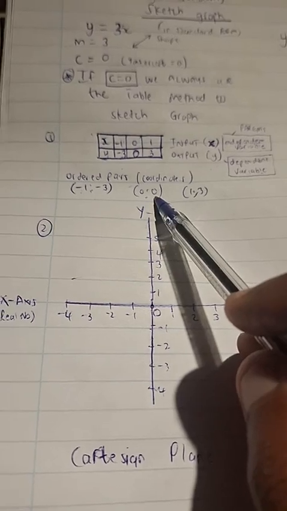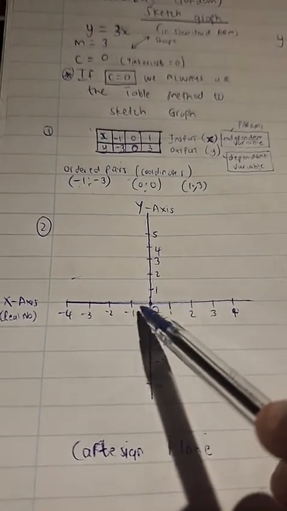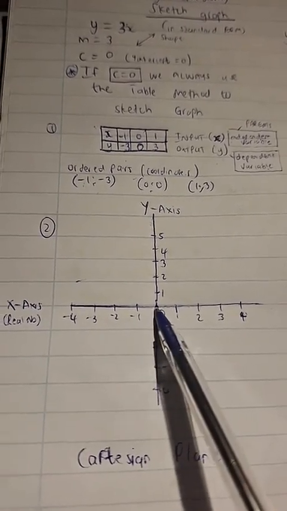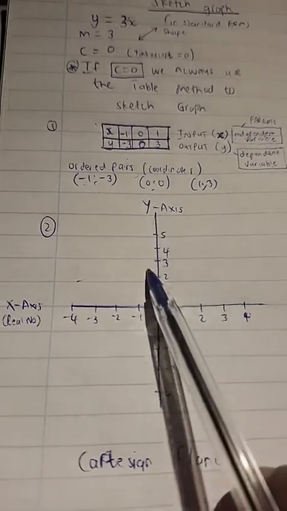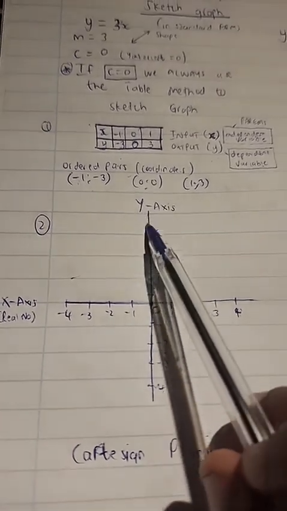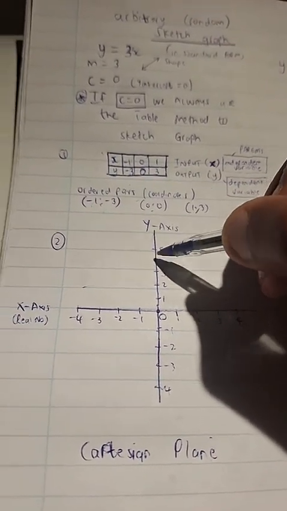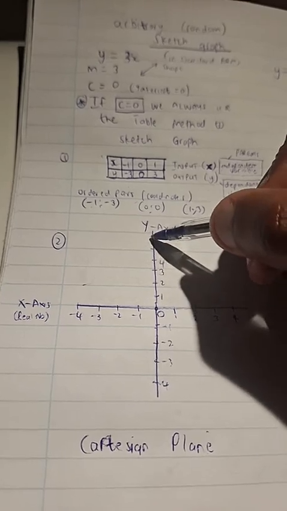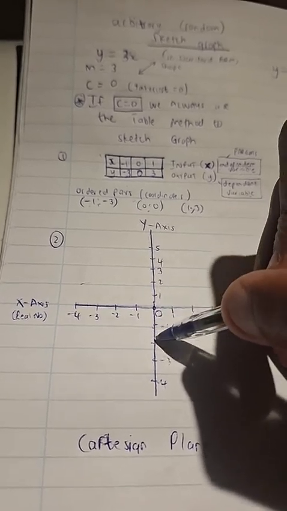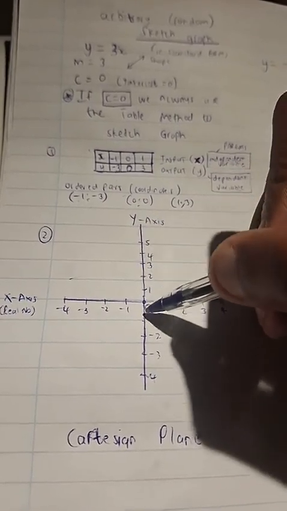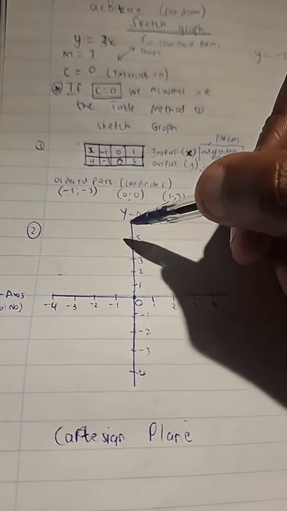Where x is 0, I want you to note, guys, that x is 0 everywhere on this vertical line. X is 0 here, x is 0 there, x is 0 there. It's everywhere on this vertical line.